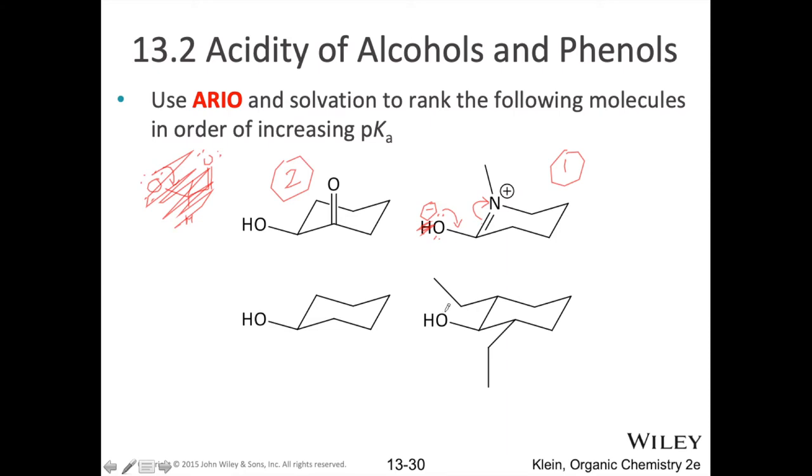These are all sp3 hybridized oxygens. But here we can see we've got these bulky ethyl groups nearby, so we see that sterically hindering effect that prevents solvent coming in and stabilizing the negative charge on this oxide once it gets deprotonated. So this is going to be a worse acid than this one, or worse conjugate base at least. So I guess we would go 3 and 4 here.